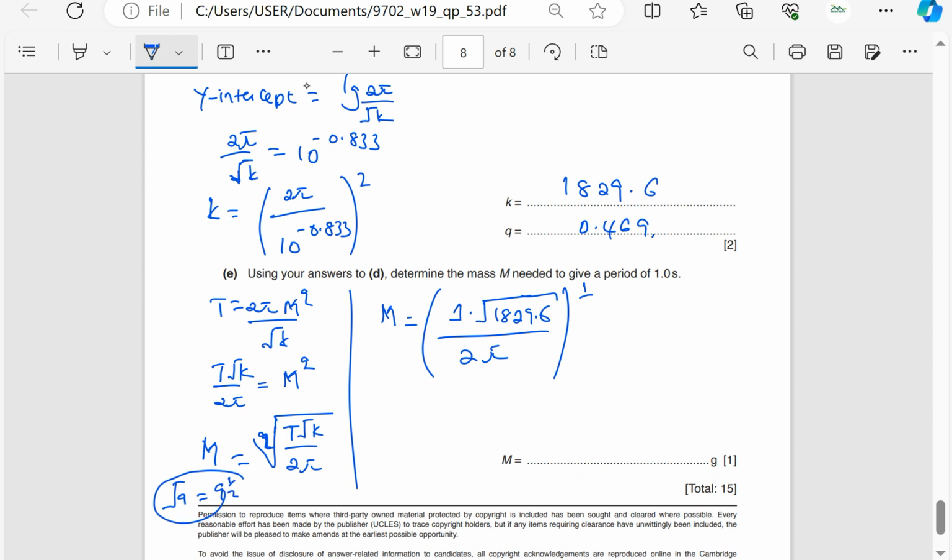Now I'm finding the Qth root. So it is power 1 over Q, which is power 1 over 0.469.